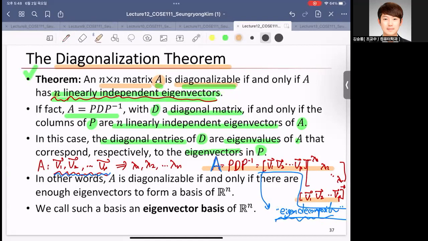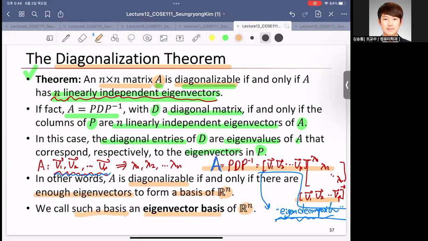In other words, A is diagonalizable if and only if there are enough eigenvectors to form a basis of Rn. We call such a basis an eigenvector basis of the Rn space.